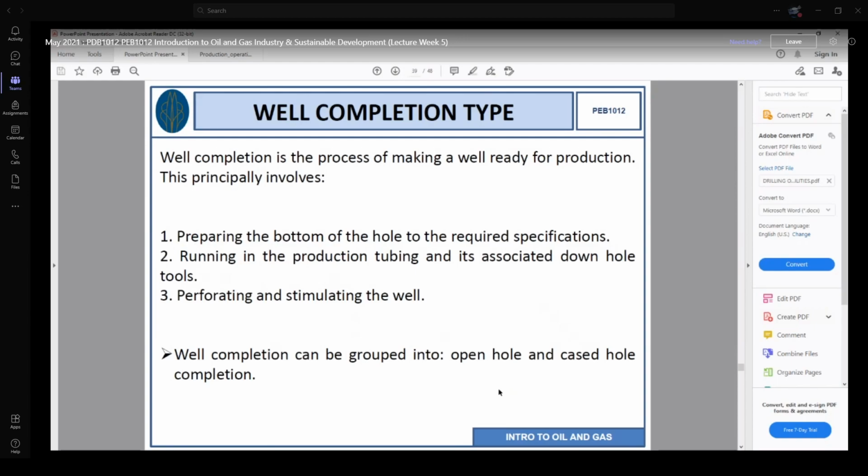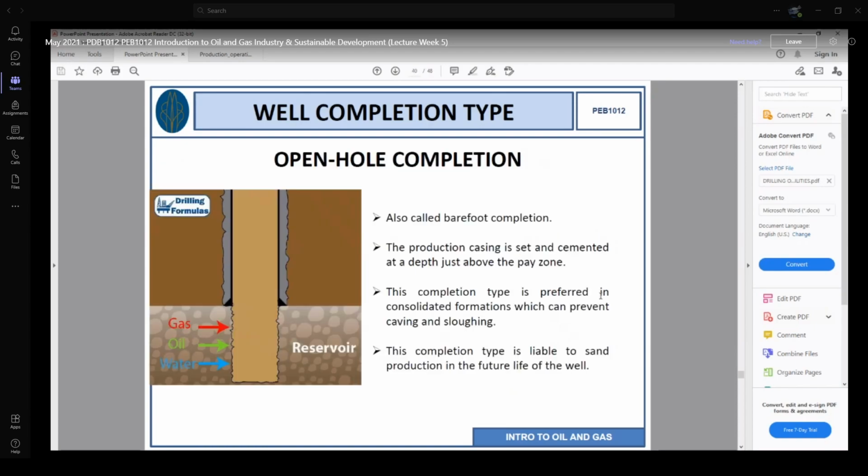The cased hole completion is we drill the pay zone first, then we run the casing, then we cement it, then we perforate this casing, and we get the communication between the formation and the borehole. Then we run the tubing in it, then produce from there. That is the cased hole completion. These are two kinds of completion we have.